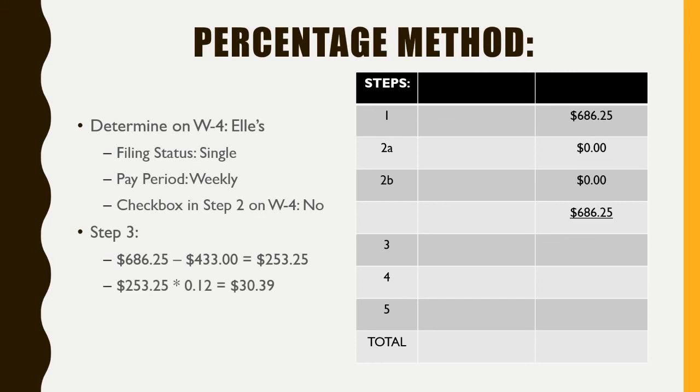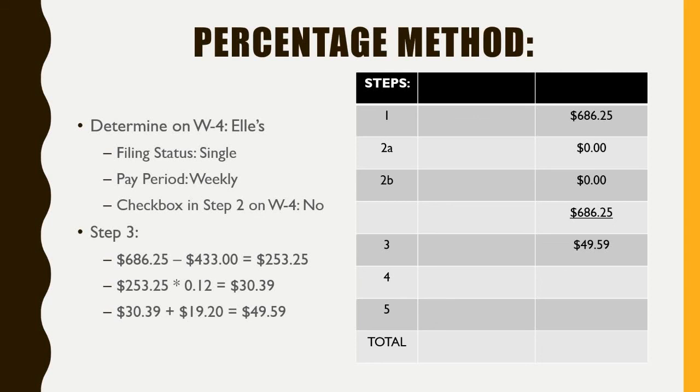So I take that $253.25 and multiply it by 12% to get a total of $30.39. Then I need to add what the government's going to take away from my paycheck regardless of the money I make, which is letter C, that $19.20. So at the end of the day, my total withholdings is going to be $49.59.